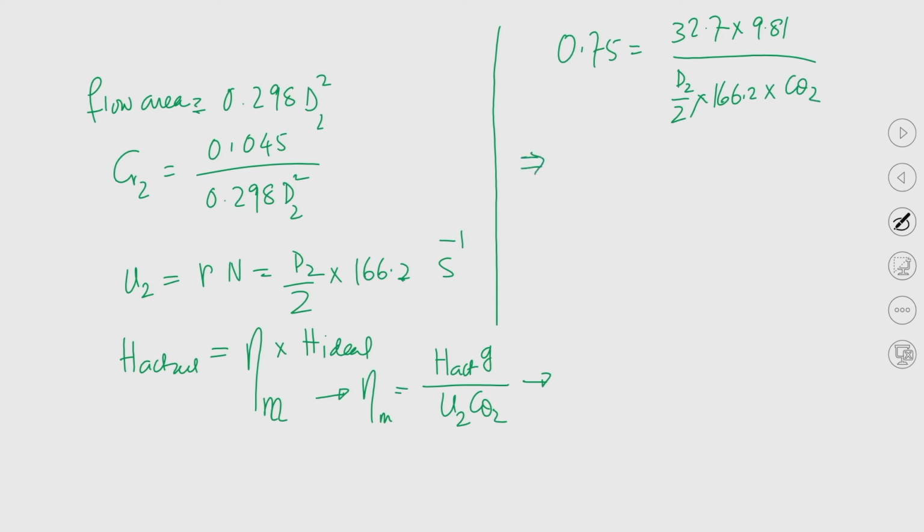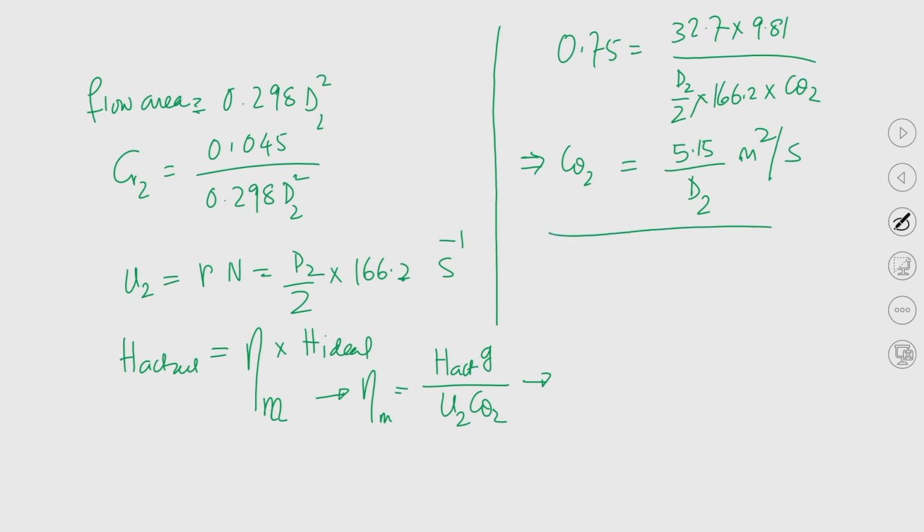From there we can calculate c theta 2, that is 5.15 divided by d2. The unit is meter square per second, since the unit of d2 is meter, one meter cancels. So, that is meter per second. So, that is the c theta 2.